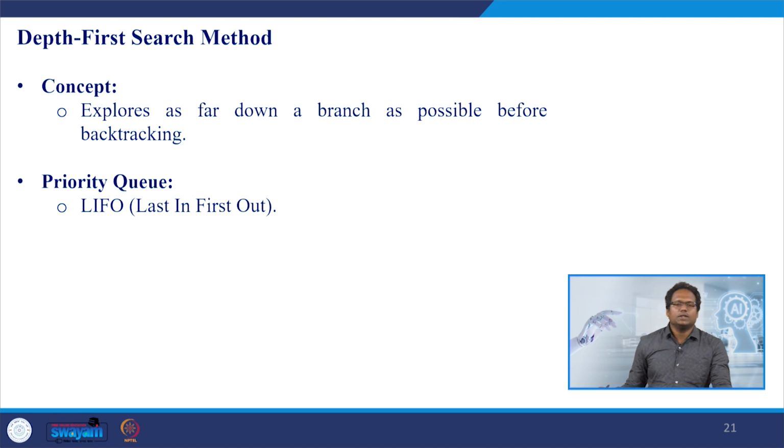Then let us talk about the depth first search method. Here the concept is it explores as far down a branch as possible before backtracking. So, the priority queue strategy here is last in first out, that is LIFO.